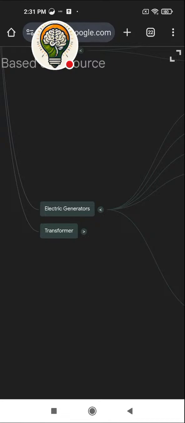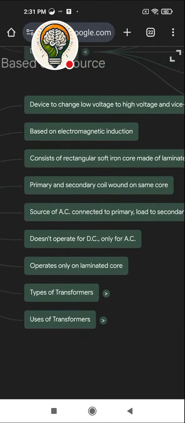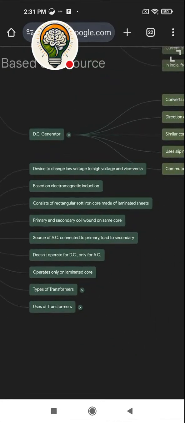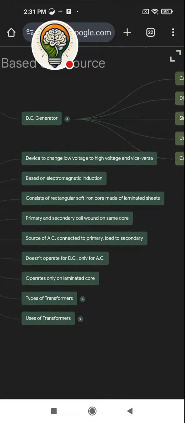Then the transformer. It is a device to change low voltage to high voltage and vice versa, based on electromagnetic induction. It consists of a rectangular soft iron core made of laminated steel, with primary and secondary coils wound on the same core. The source of AC is connected to the primary and the load to the secondary. It doesn't operate for DC, only for AC.